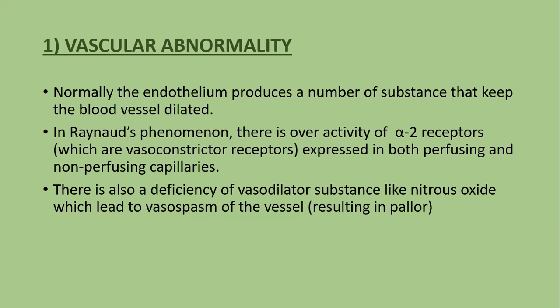In Raynaud's phenomenon, there is an overactivity of alpha 2 receptors, which are the vasoconstrictor receptors in an artery, expressed in both perfusing and non-perfusing capillaries. There is also a deficiency of vasodilator substances like nitric oxide, which leads to vasospasm. So there is hyperactivity of vasoconstrictor receptors and deficiency of vasodilating chemicals like nitric oxide.